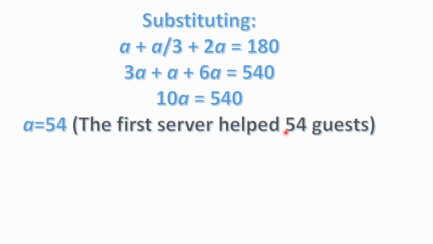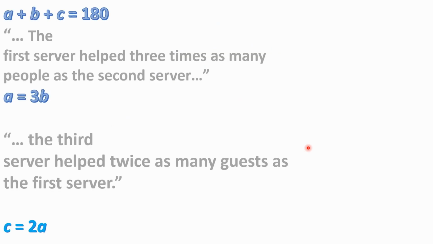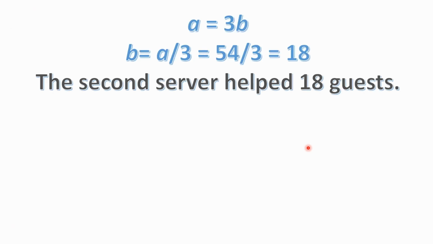That means the first server helped 54 guests. So now we know how many the first server served, and we need to figure out the rest. Going back to what we originally said, the first server helped three times as many people as the second server, so A equals 3B.